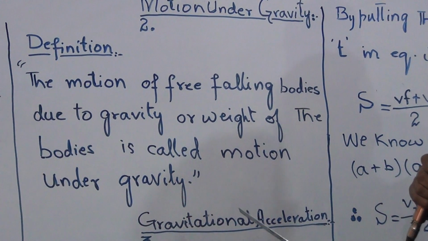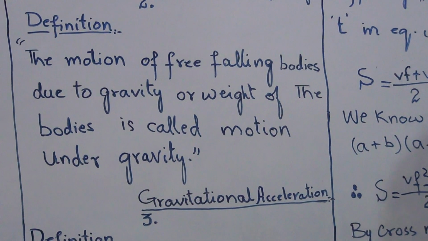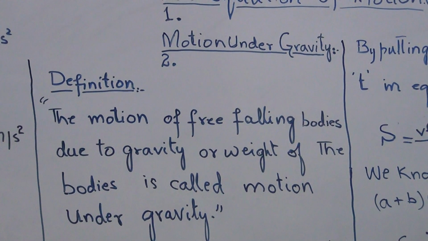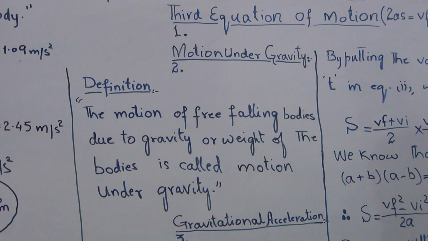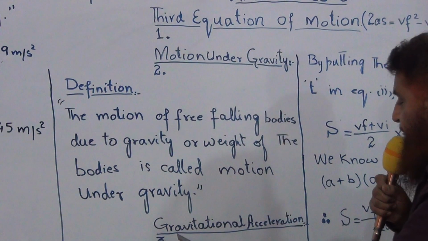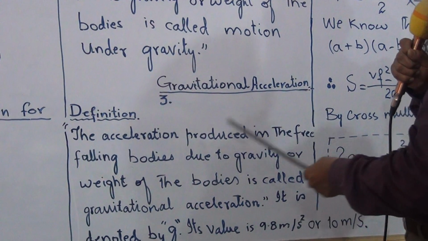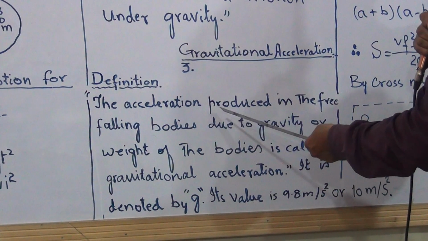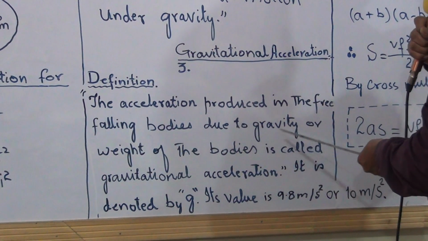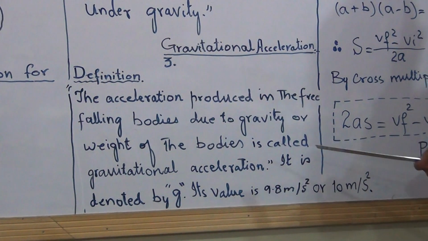Now, whenever you apply a force on a body, acceleration is produced according to Newton's second law of motion. So by this force, acceleration is produced, which is known as gravitational acceleration. You can define it: the acceleration produced in free falling bodies due to gravity or weight of the bodies is called gravitational acceleration.